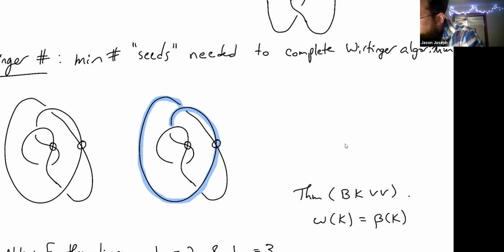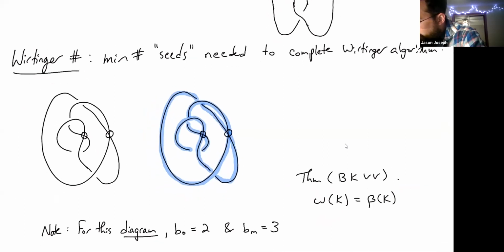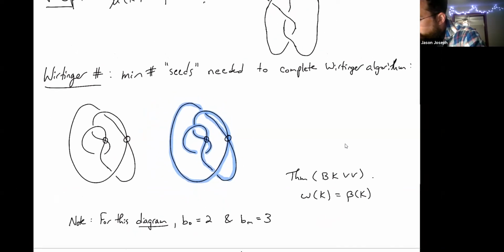Looking at this top crossing, I can color this understrand. Now I can color this one. And now I can color this one. So in this diagram, I only needed one seed. So the Wirtinger number here is 1.